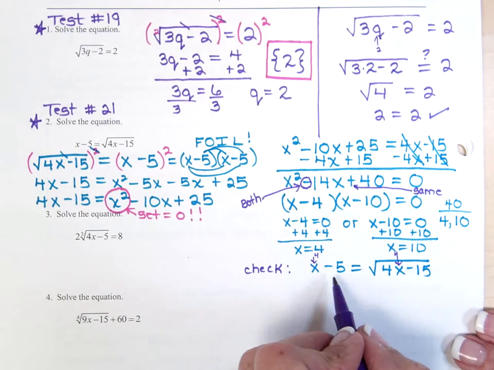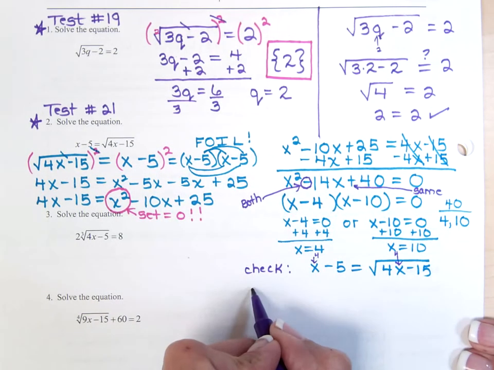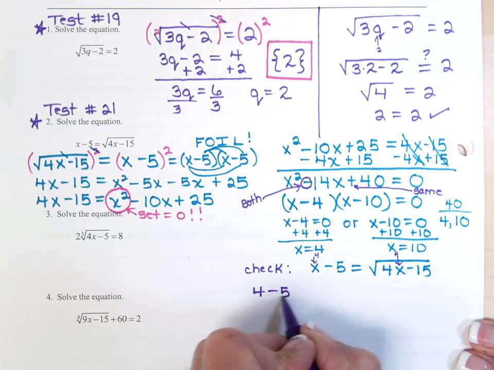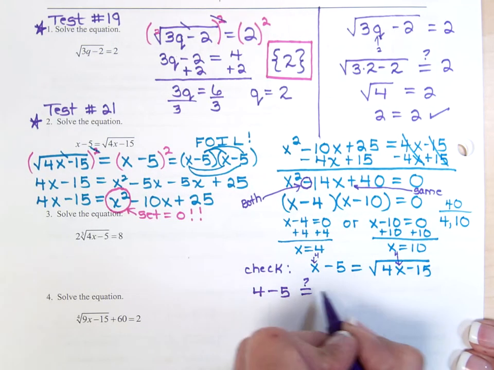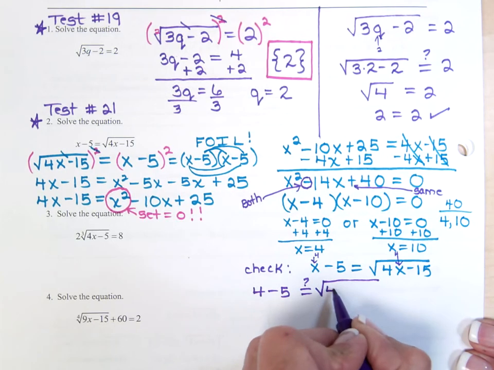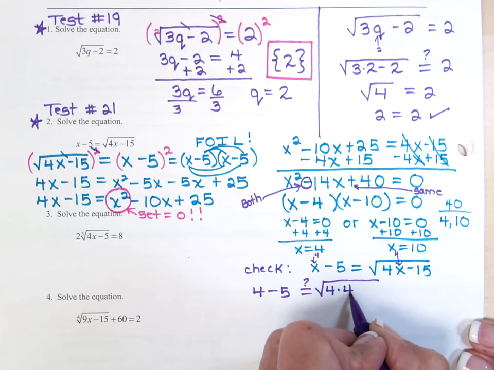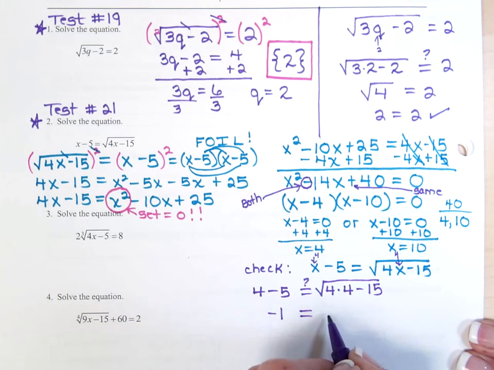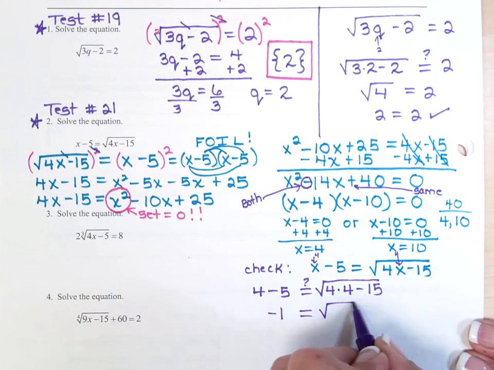So 4 minus 5. Does that equal square root of 4 times 4 minus 15? Does negative 1 equal square root of 16 minus 15, which is the square root of 1?